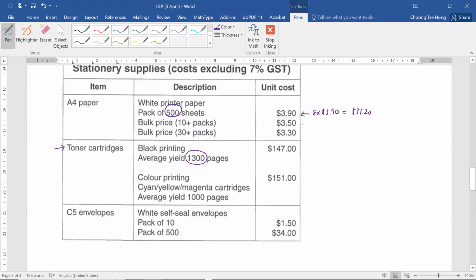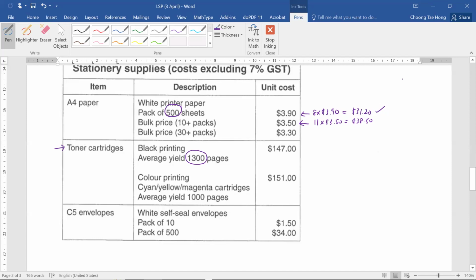If they say 10 plus, it means more than 10, so the minimum will be 11. 11 times 350, that is going to be 3850 already. But we do not need so much paper, and it will cost more to buy 11 packs. So in other words, we should settle with 8 packs at 390.